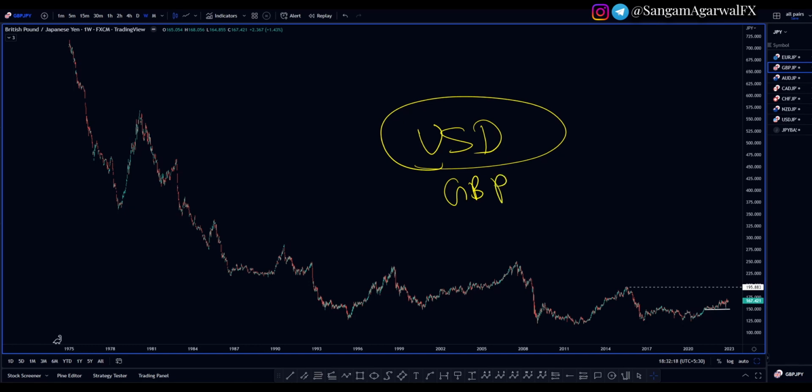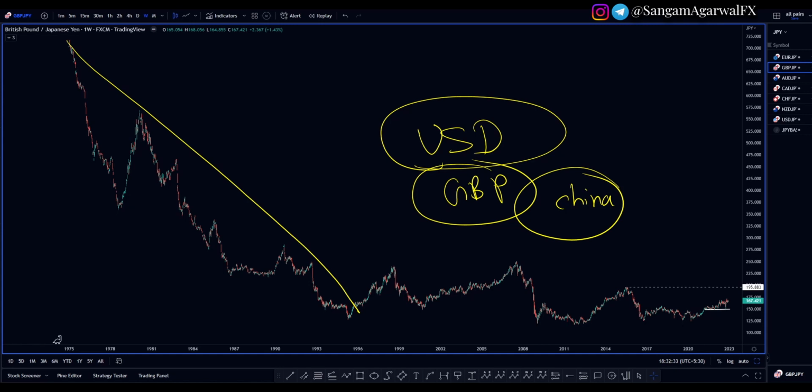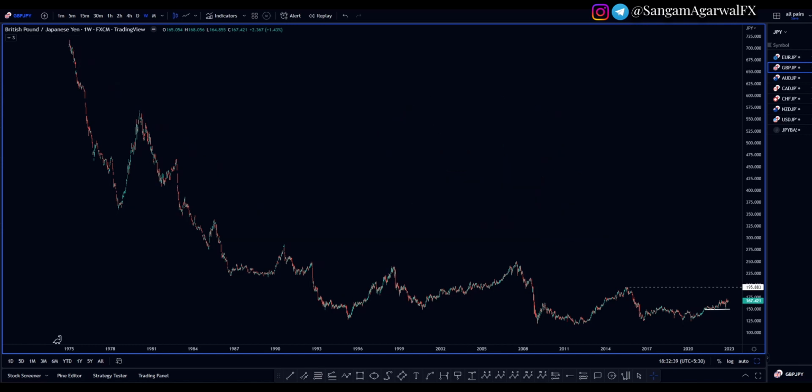So the last monetary system was based on GBP, and last week a historic change happened. China is building a new monetary system where the Chinese currency will be the reserve currency. So that is why, to trade all of these pairs, technical analysis is always the best strategy.